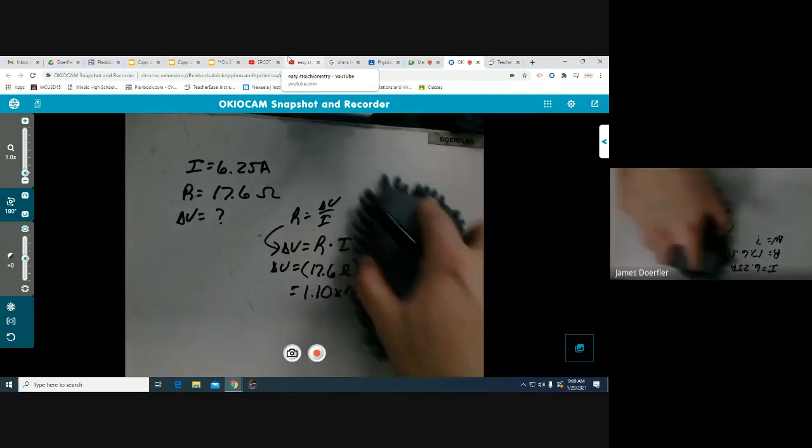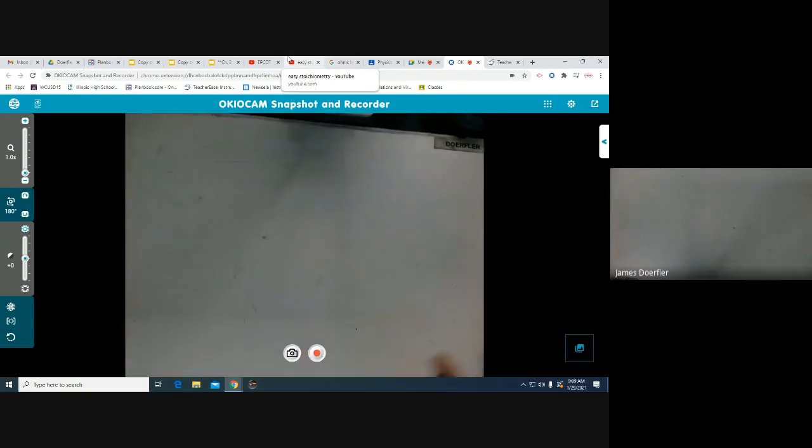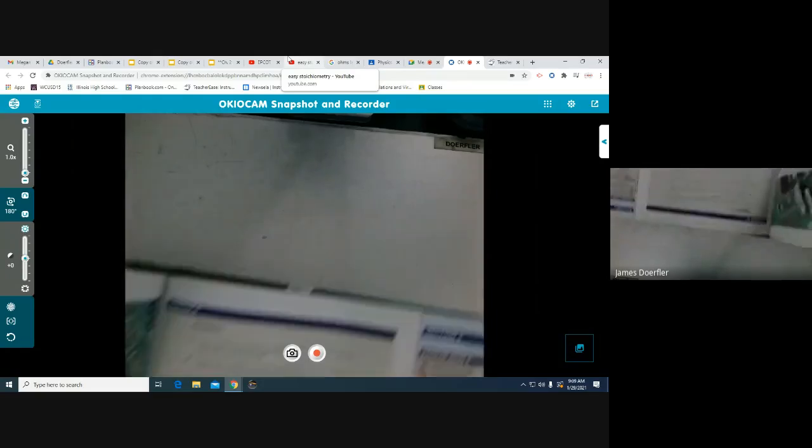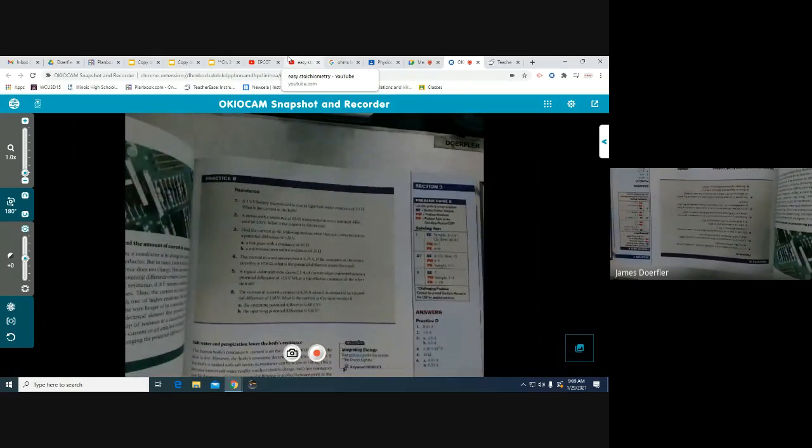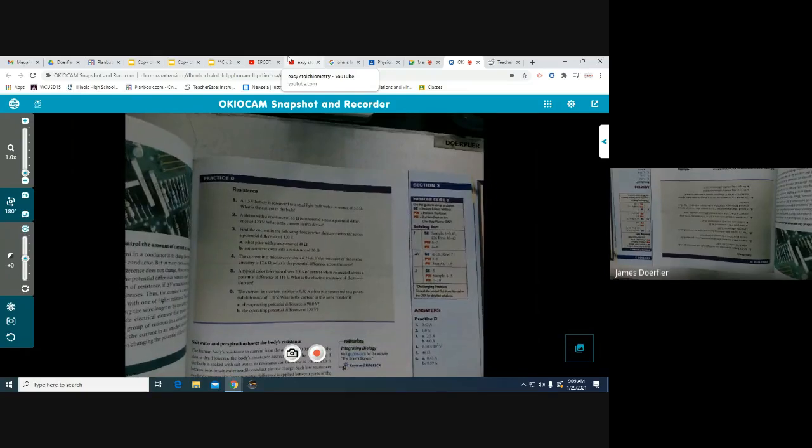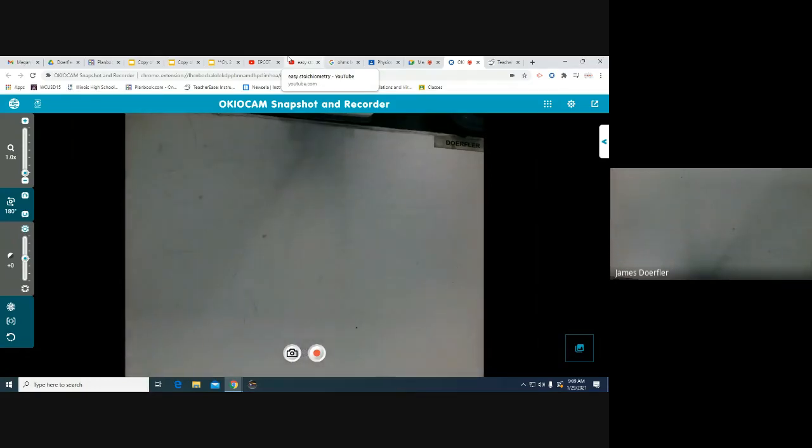Now let's look at 5. Number 5 says a typical color television draws 2.5 amps of current when connected across a potential difference of 115 volts. What is the effective resistance of the television set?